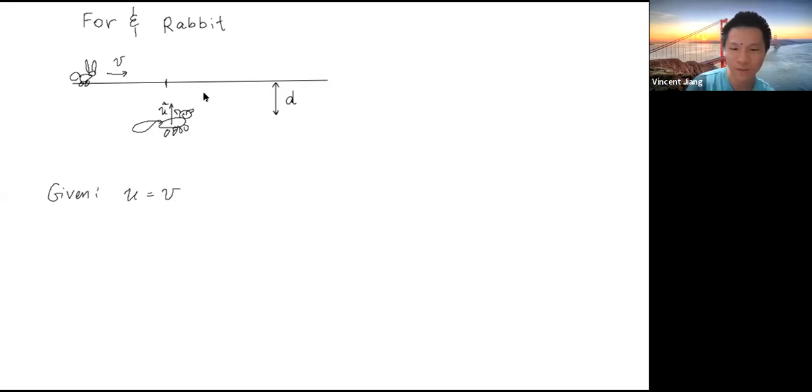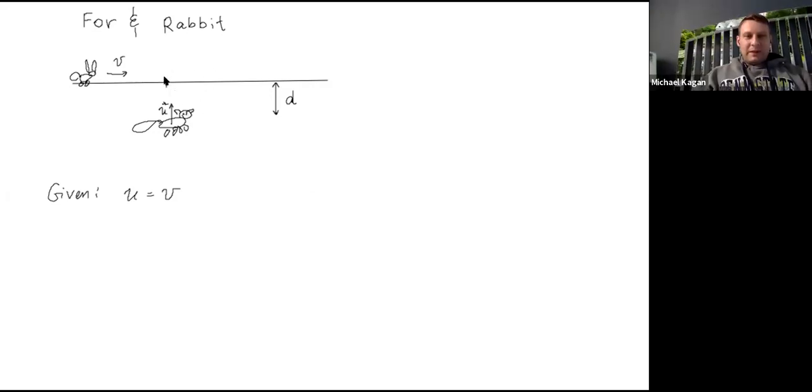Okay, you'll have fun. So the rabbit passes the fox, and the fox starts running. So the first moment, the fox is running straight up. But then, of course, as the rabbit passes this point, the fox starts turning. Okay? So let's imagine. The first question here is pretty easy to answer.